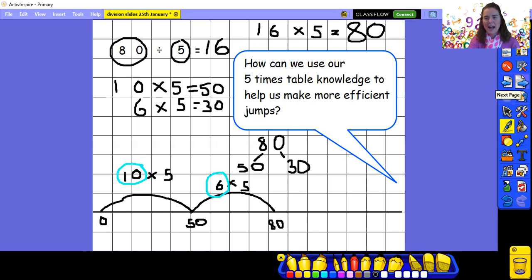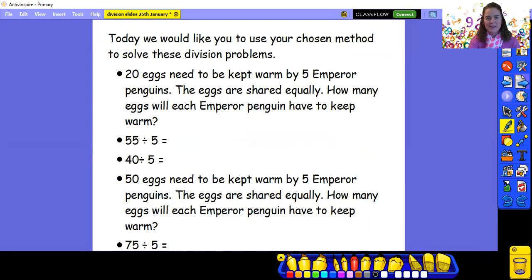Okay, so your activity for today, your independent activity, is to solve these division problems using the methods that you have been taught last week and the ones we've been practicing this morning. If you can use a number line, that's a really efficient way of solving these problems. Now, there is a mix of word problems and calculations.